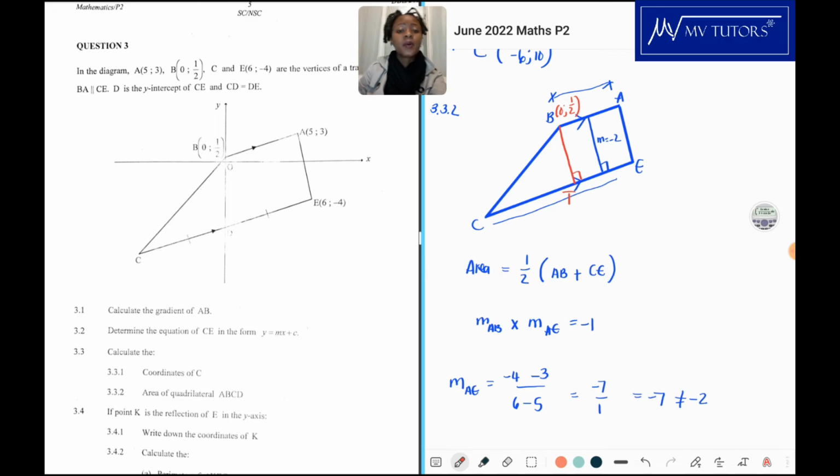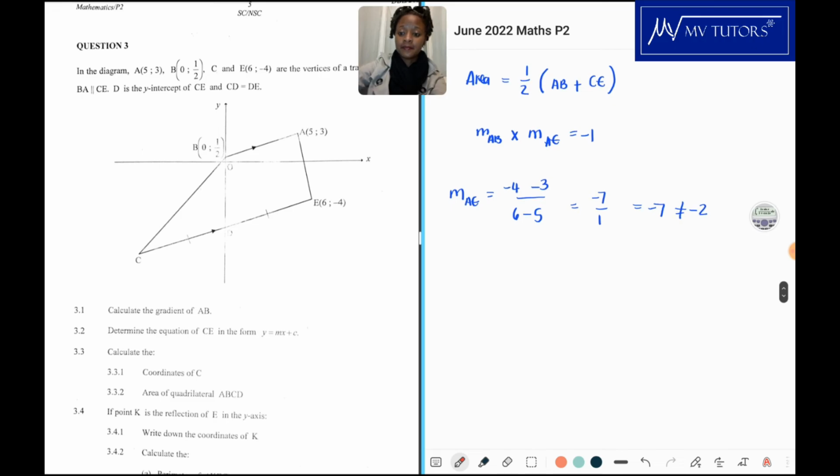I want the coordinates of T, so that I can use BT as my perpendicular height and finally calculate the area of this trapezium. I'm going to take the line BT and make it equal to the line CE. We already have the equation of CE, which we determined in 3.2, so now we get the equation of BT.